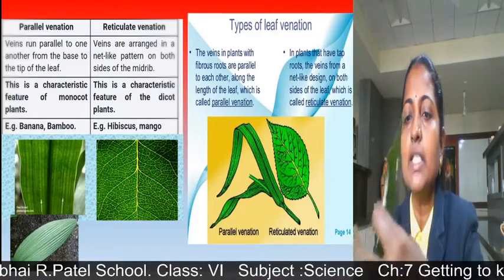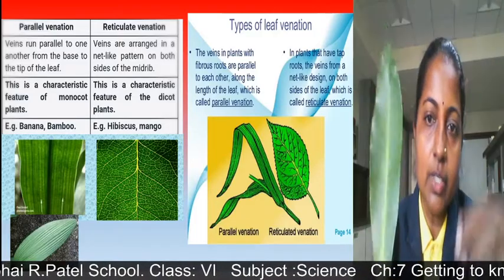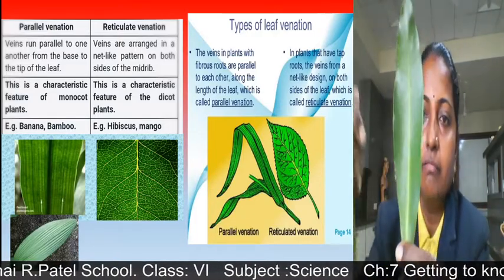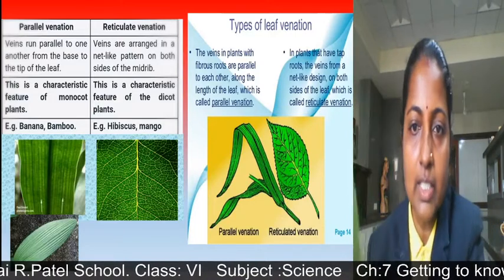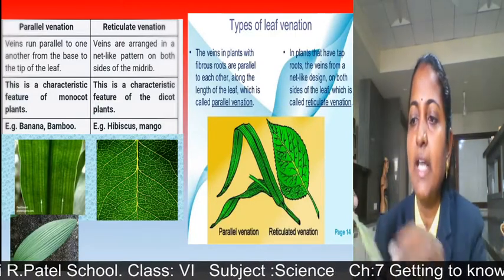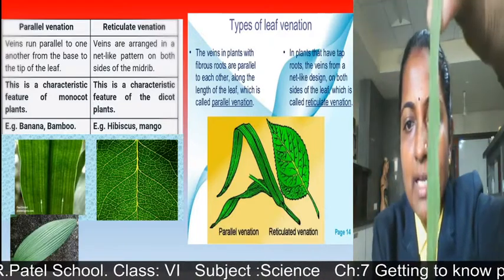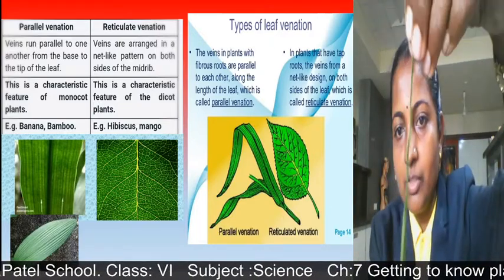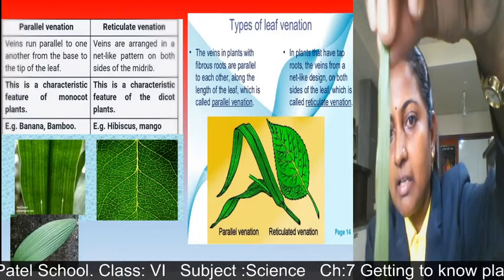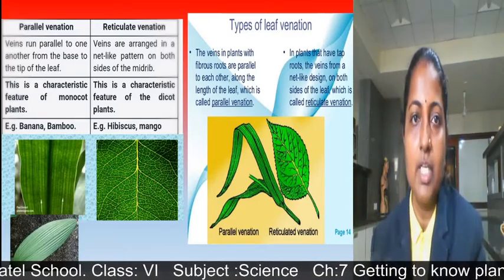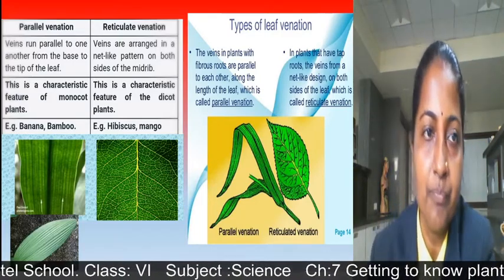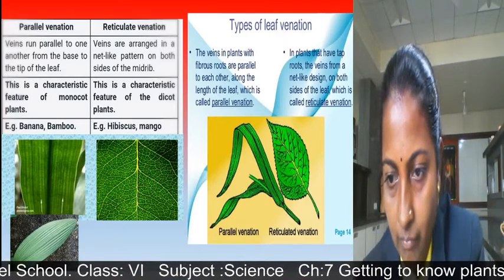Here, children, you can see reticulate venation, with the net-like structure. And in parallel venation, you can see the veins running parallel to each other. So that is reticulate and parallel venation.